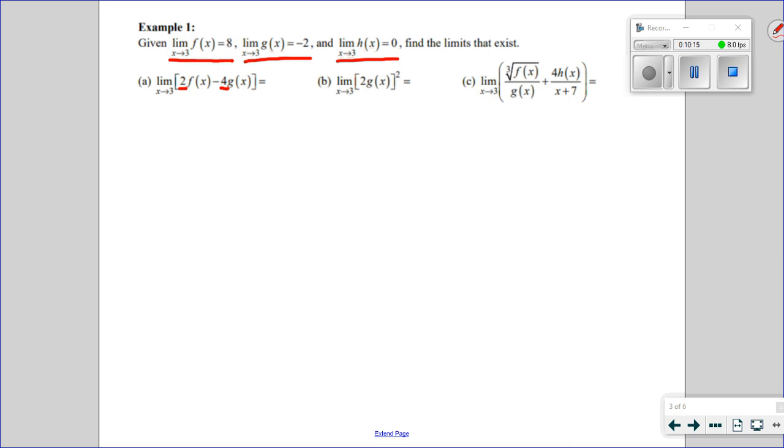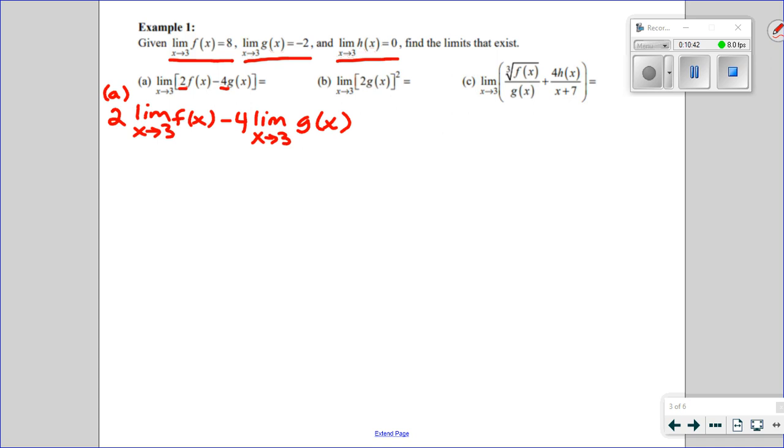So this would actually break up into 2 times the limit as x approaches 3 of f of x minus 4 times the limit as x approaches 3 of g of x. And I'm actually going to work this across the paper, so I'll call that a. So notice what I really did there.